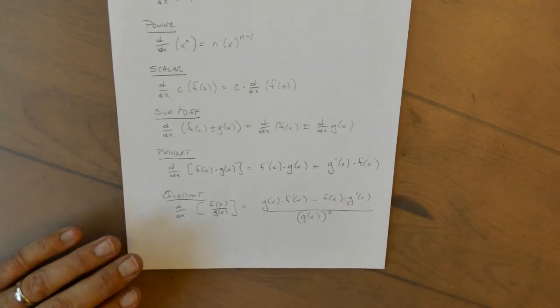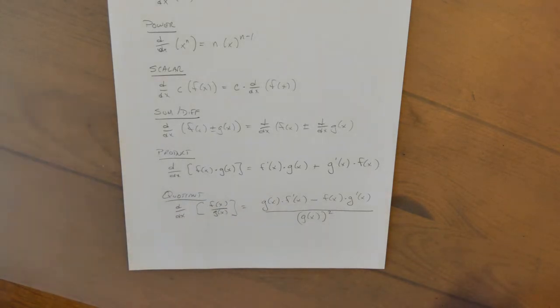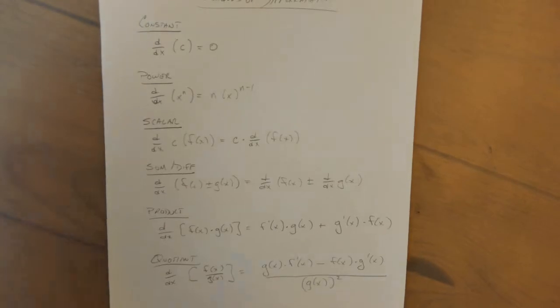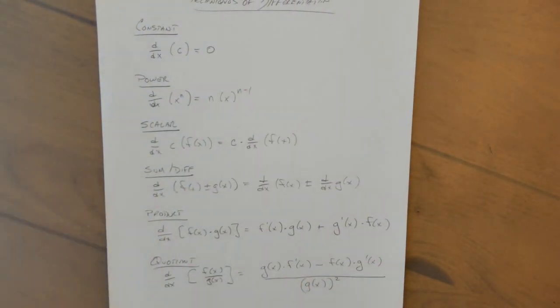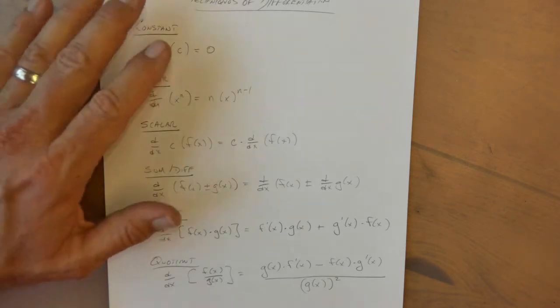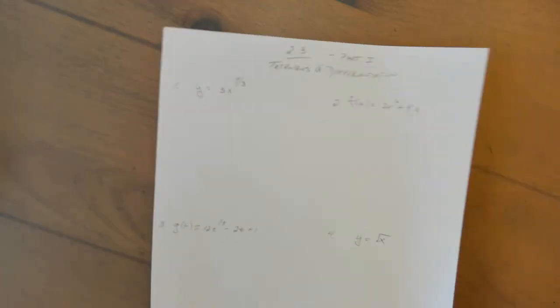So here are the basic rules that we're going to be applying today. Okay, all right, let's go through a couple of examples. I think we've got about 8 or 9 that we're going to look at.